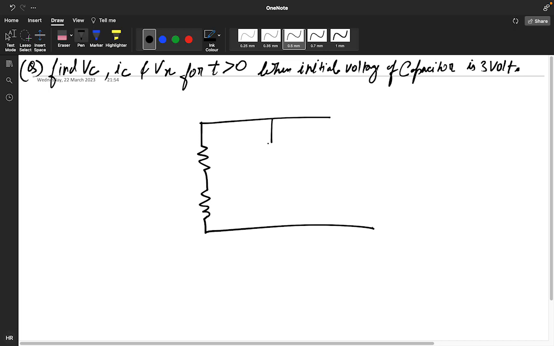This particular is your circuit, and its given value is 6 ohm. This is your 2 ohm. This is your positive negative Vx value, and this is your 8 ohm value, and here it's given a capacitor.